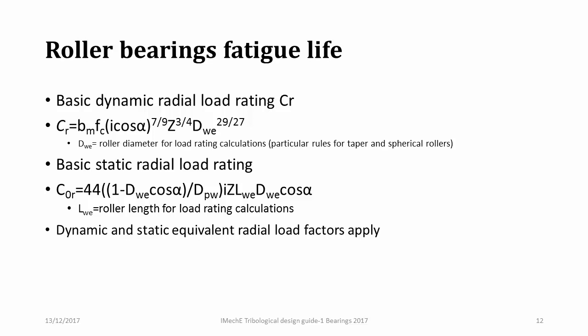So again, we have a BM factor and an FC factor for material and construction, and i cos alpha is number of rows and the contact angle cosine raised to the power of 7/9. In this case, the number of rolling elements is to the power 3/4 and the diameter to the power 29/27. So in this case, the effect of increasing roller diameter is not so great as the effect of increasing a ball diameter in a bearing.